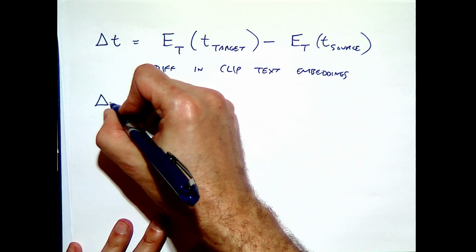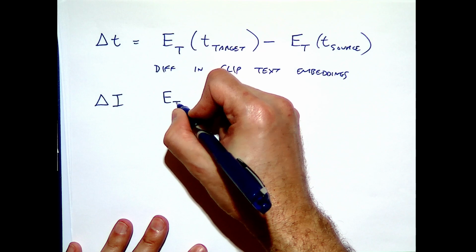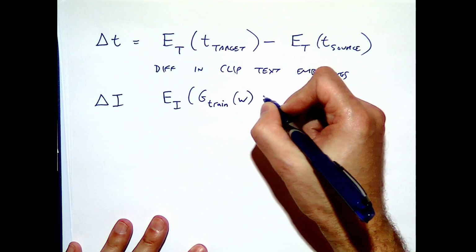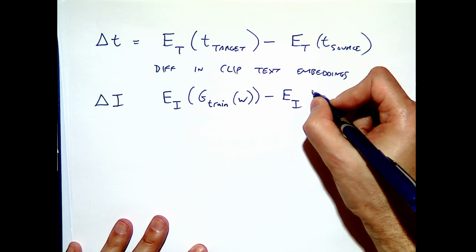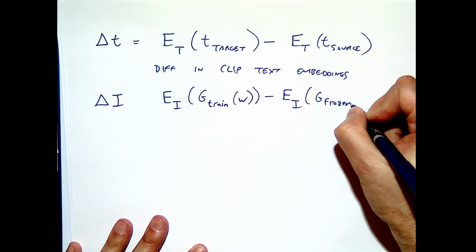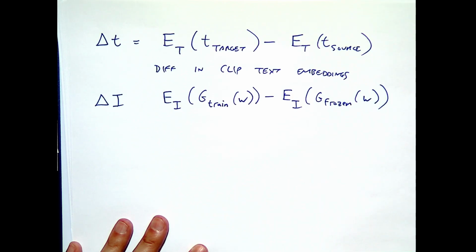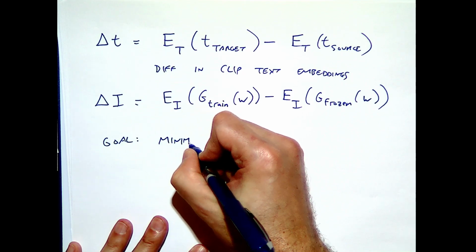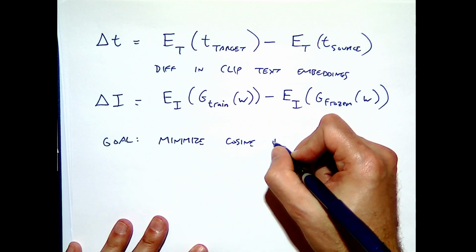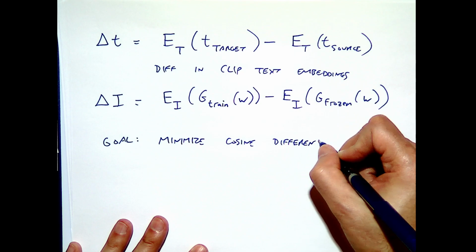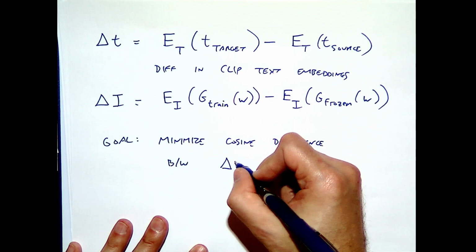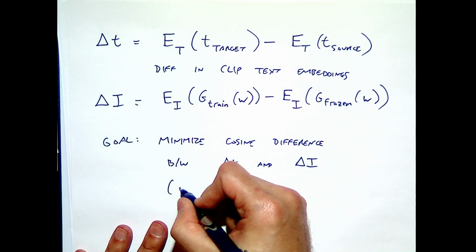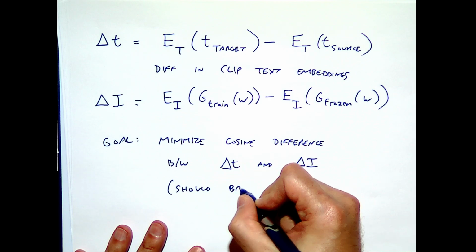And then I have my delta I, which is the difference in CLIP embeddings of the trained network when I put the latent in, and the frozen network when I put the latent in. And I want to minimize the cosine difference between delta t and delta I. Same thing: I want to bring those two vectors as close together as possible.